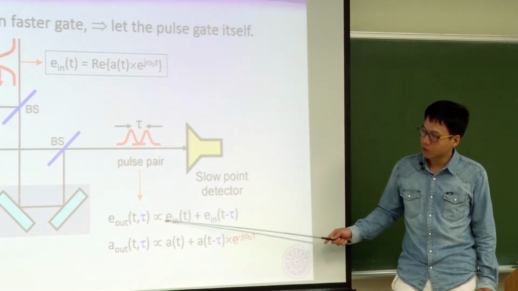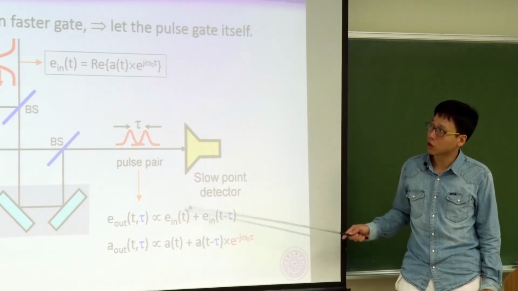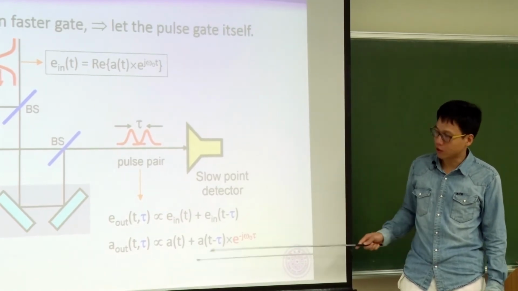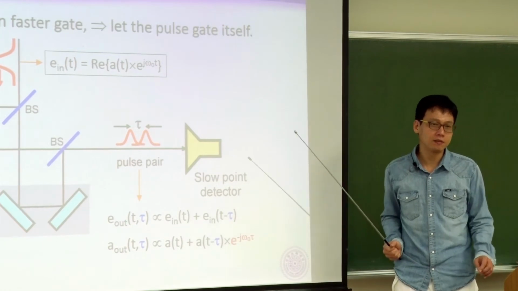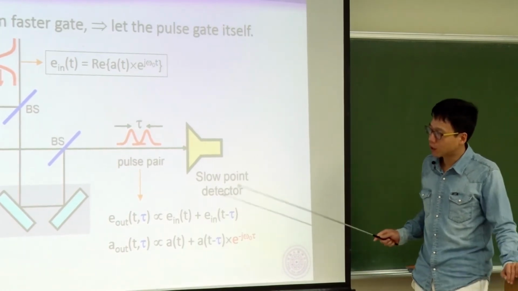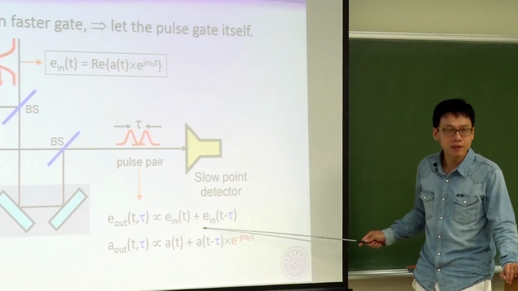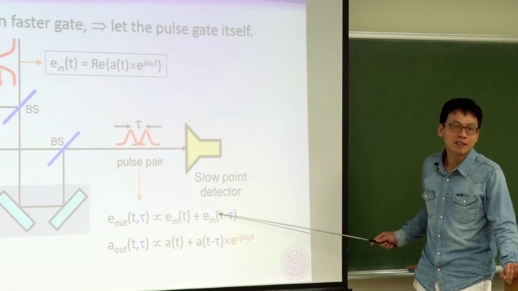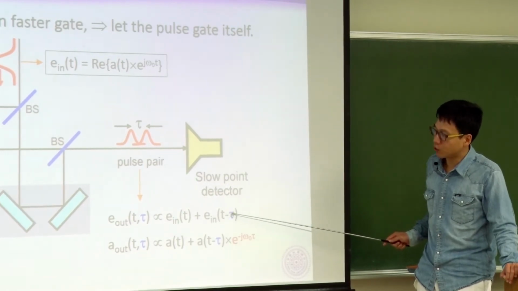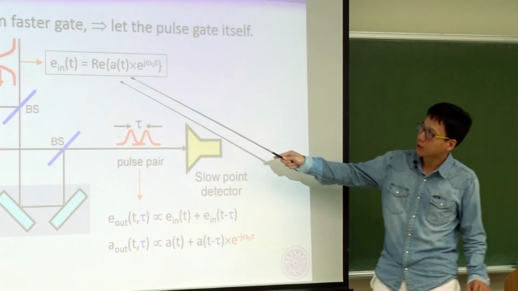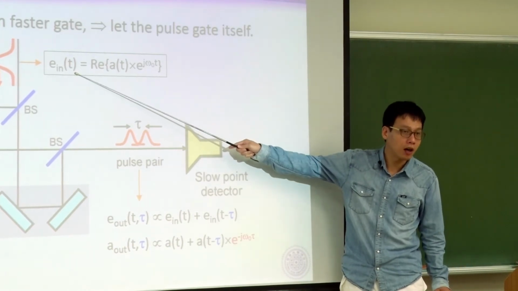The envelope of E sub in of t, according to the definition, is of course A of t. No problem. But what is the envelope of this one? Okay, so you can replace t by t minus tau, right?